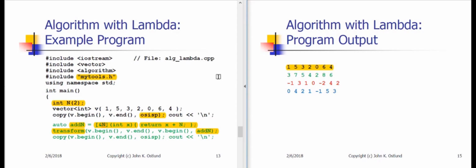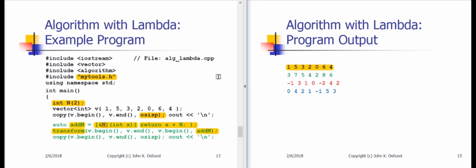We're reading from v, from begin up to but not including end, and we're also writing out back into v. So the upshot here is that each value within the vector of int v is going to have 2 added to it.